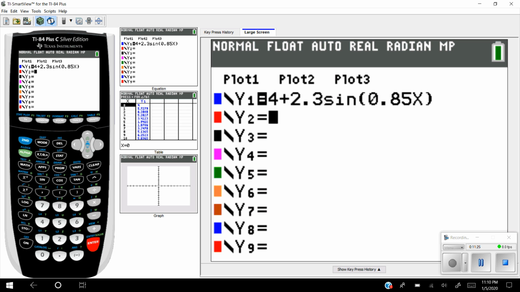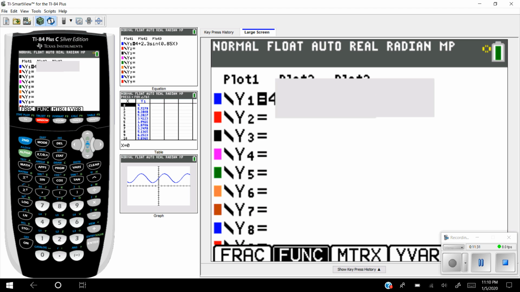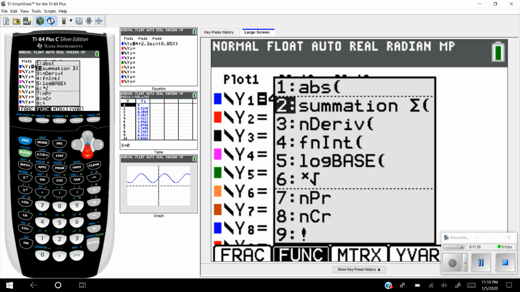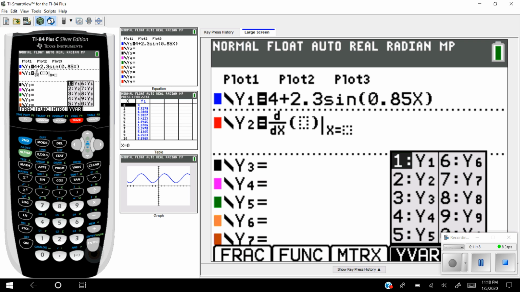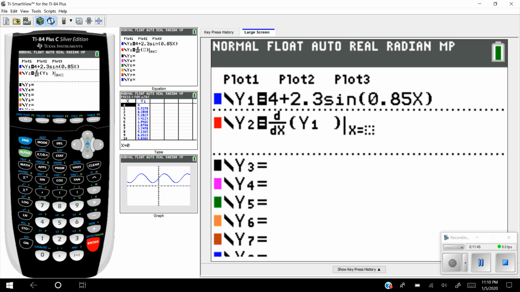We want the acceleration. So of course we want the derivative of this function. So I'm going to go alpha window and nDeriv of y1, d over dx of y1 at x equals x.